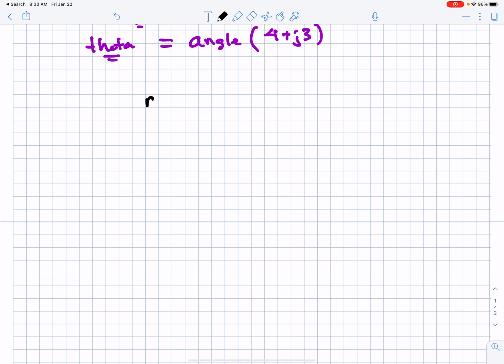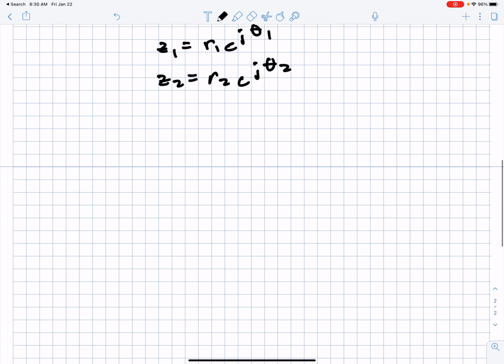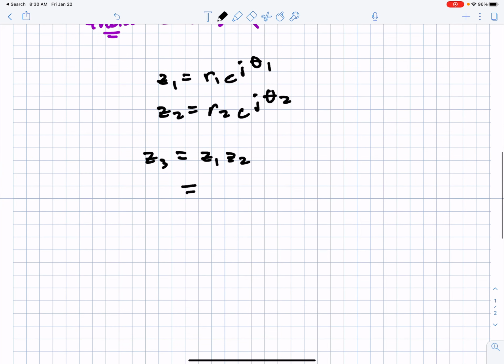If I had z1 equal to R1 e to the j theta 1, and Z2 equal to R2 e to the j theta 2, I'm kind of giving away an answer here, but if I wanted to find Z3, the product of these two, when you do the product, the two radii will multiply, and the two angles will add.